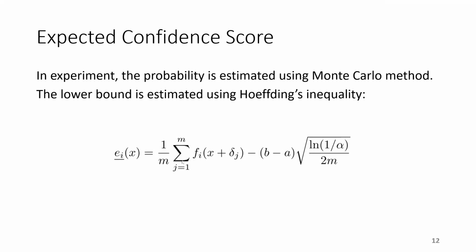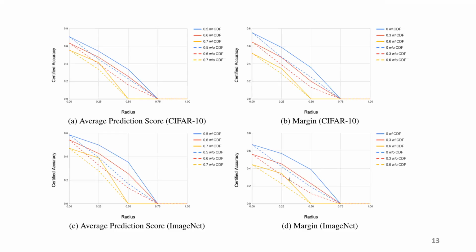So we query this classifier M times, and after we obtain the score, we average it and adjust it with this term. Here alpha is the success rate according to Hoeffding's inequality. So it's just a threshold error successful rate of quality, and we calculate the... any problem?